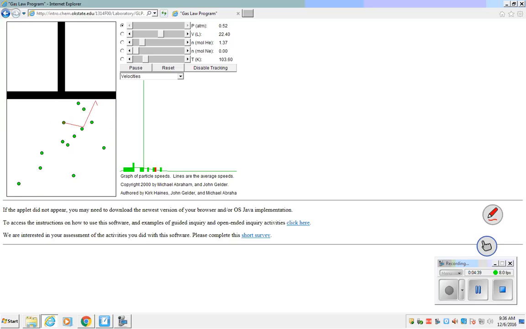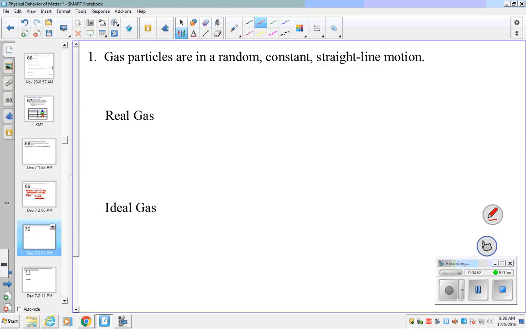Its path is in a straight line unless it hits something. Its path is random. It doesn't move toward any particular direction over another one. So it's moving constantly, randomly, and in general straight lines. A real gas does this, and obviously an ideal gas does this. So that is true for both of these.